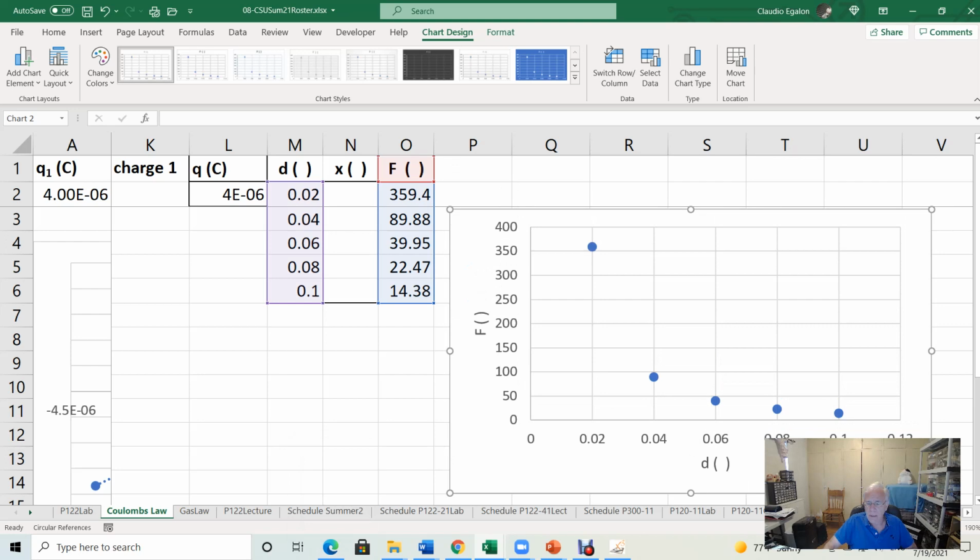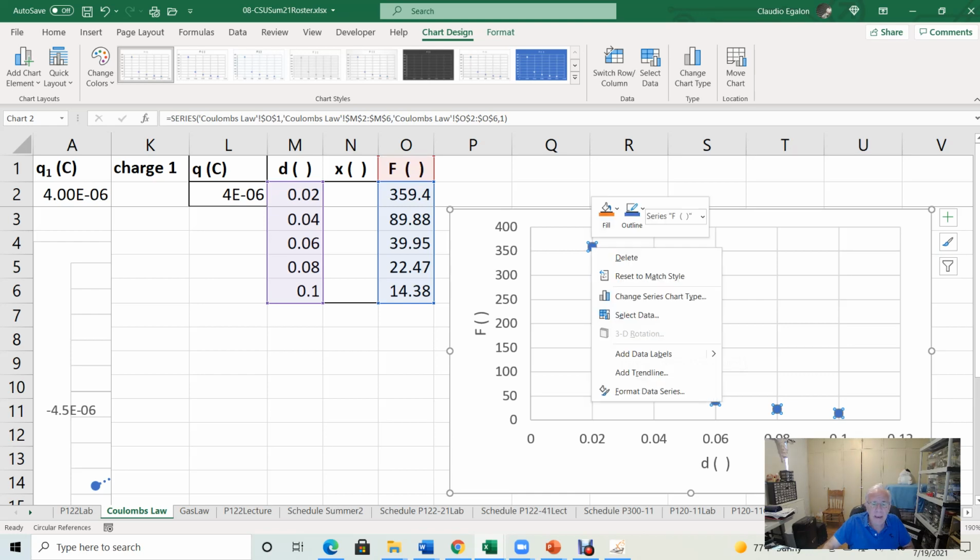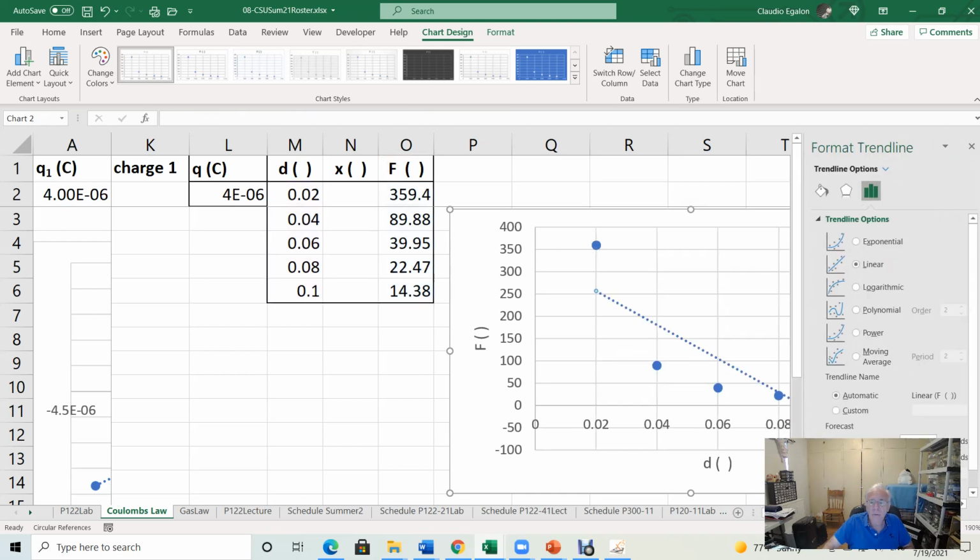Okay, this relationship, you can see that's inverse. You do not know it's the inverse of the square. You do not know it's the inverse of the third power. You do not know it's the inverse of the first power, but you know that's the inverse. One way to find out what the relationship is, try to get the display equation in the chart, and then you try all those options that you have in Excel.